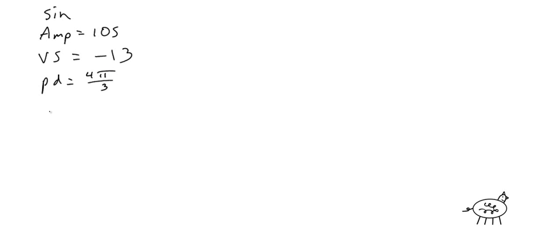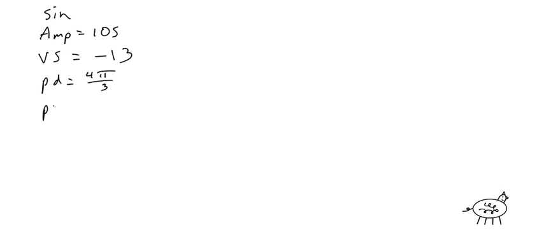Let's do a sine graph here. Amplitude is 105. Ooh, 105, very scary. Vertical shift is negative 13. The period is, we'll do some little fraction action here, just to scare you guys just a little bit, 4 pi over 3.